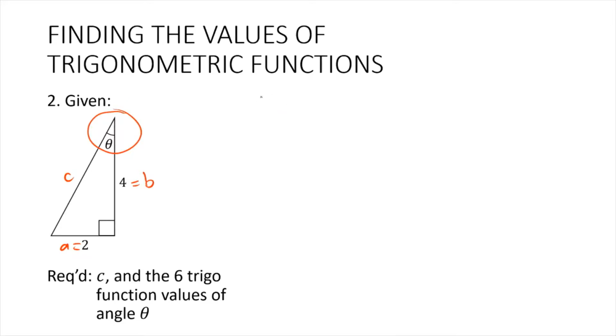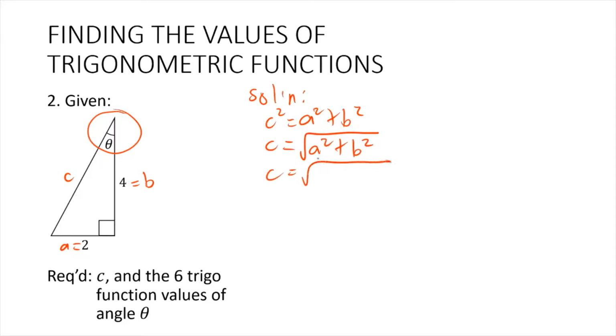First, let's solve for the missing side, side C. So again, Pythagorean theorem, C squared equals A squared plus B squared. Therefore, C is equal to the square root of A squared plus B squared, where A is 2 and B is 4.